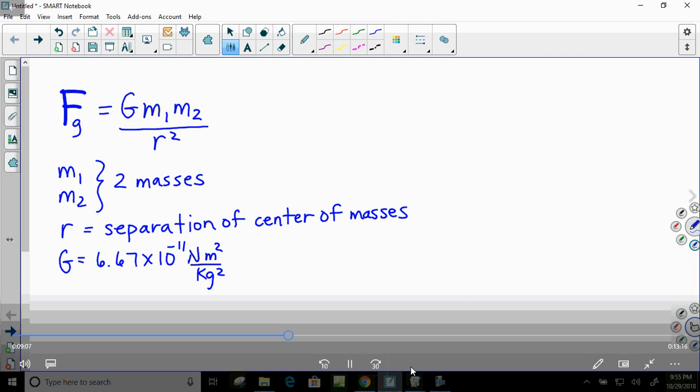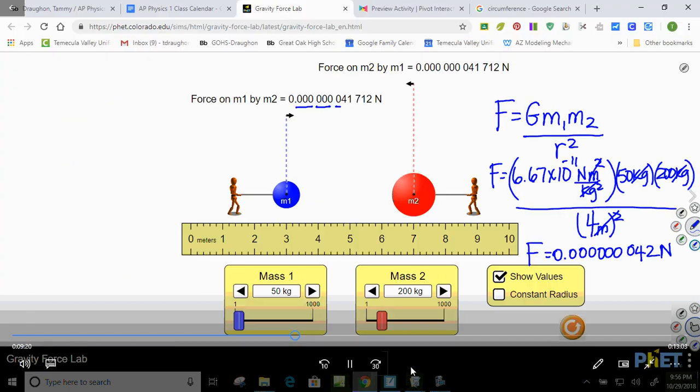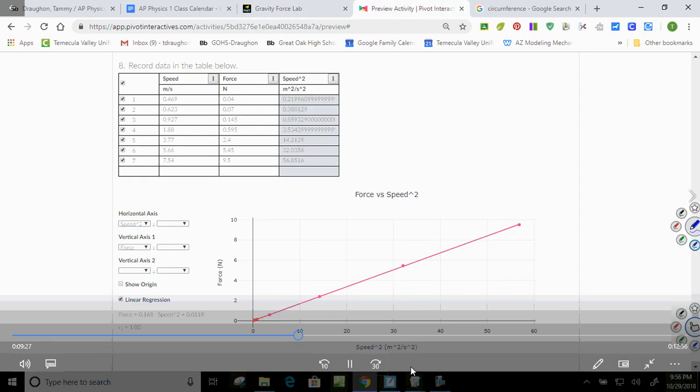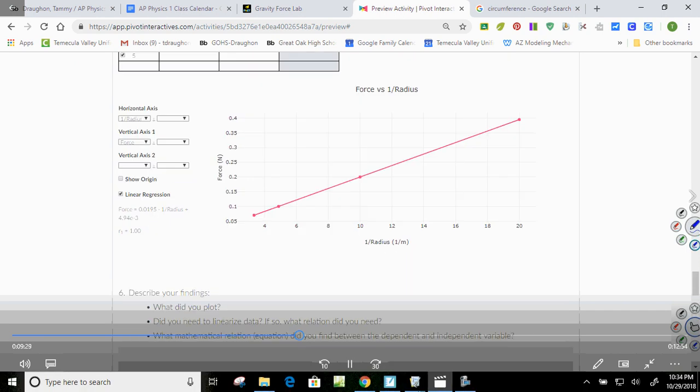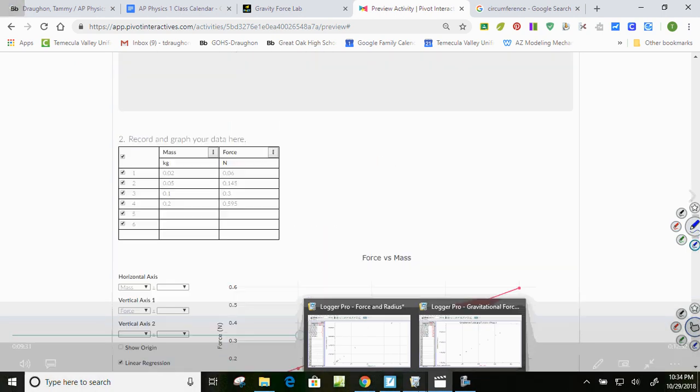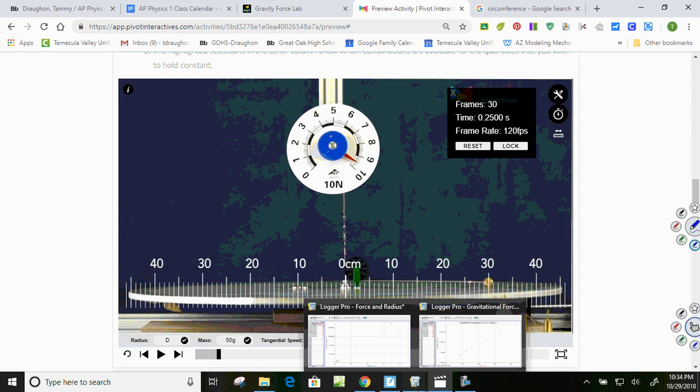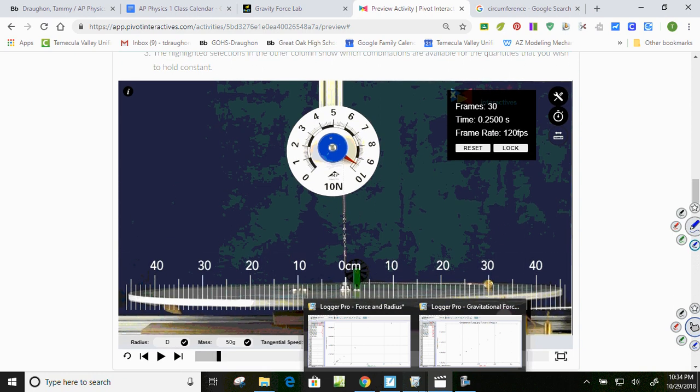Okay, so now we have a model for gravitational force. And we are ready to look at what we did with the pivot interactives. On the pivot interactives, let's go back. I'm scrolling up to show you some information about the data collection screen.